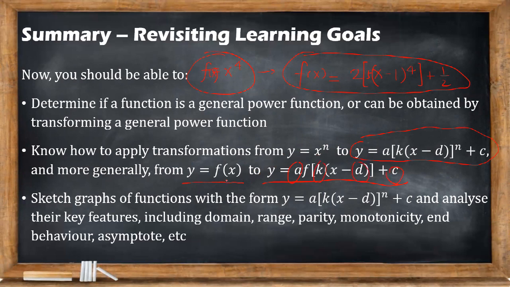You should be able to know how they correspond to the transformations. Okay, last, you should be able to sketch graphs of functions with the form y equals a times k times the difference between x and d raised to the power of n plus c, and analyze their key features, including domain, range, parity, monotonicity, and behavior, asymptote, etc.